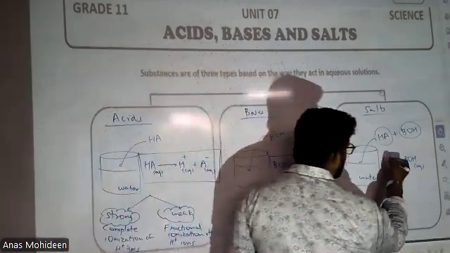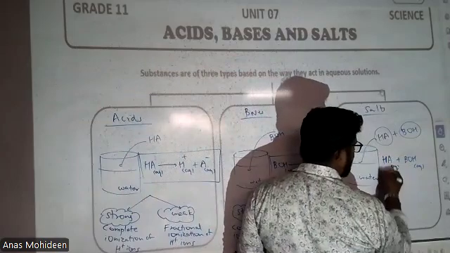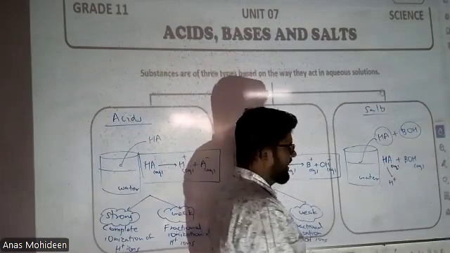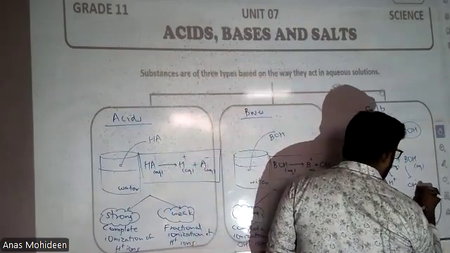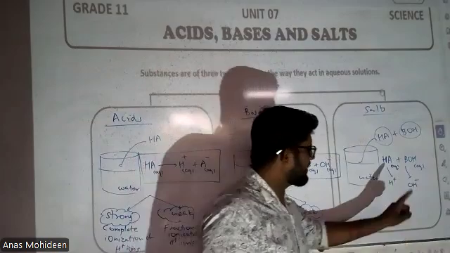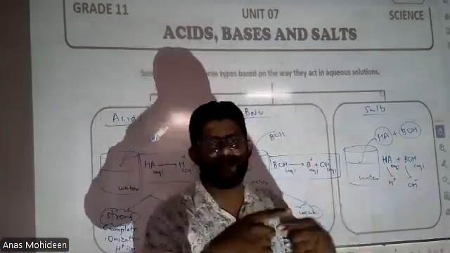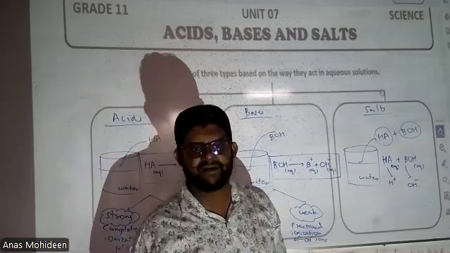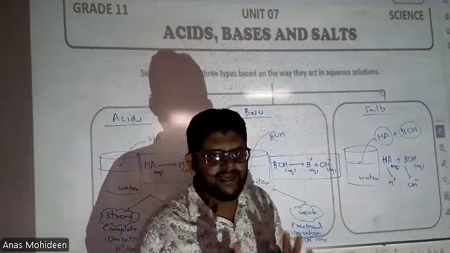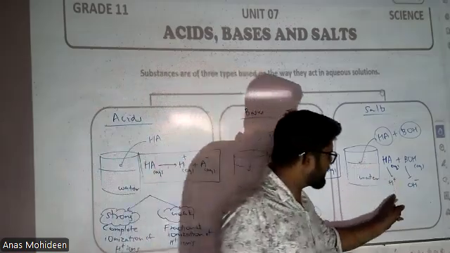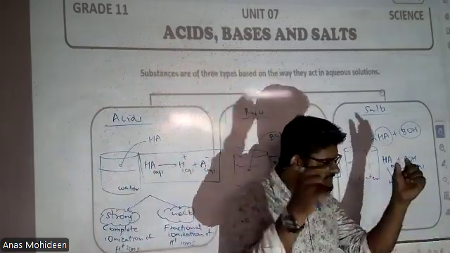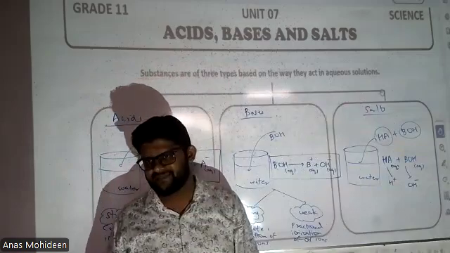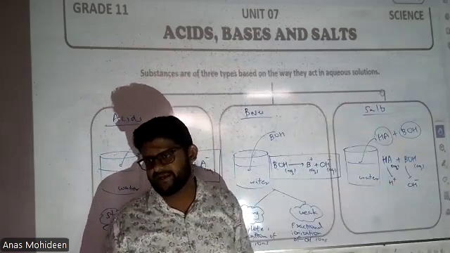Now you know HA can release H plus ion, right? BOH can release OH minus ion, right? H plus and OH minus combine to form water. And this reaction is called neutralization reaction. Wherever H plus and OH minus combine to form a water molecule, H2O molecule, it is called neutralization.